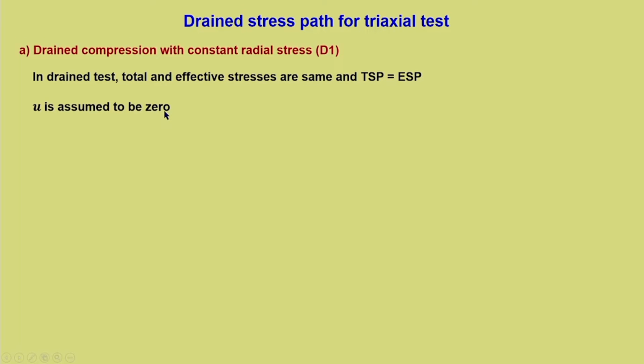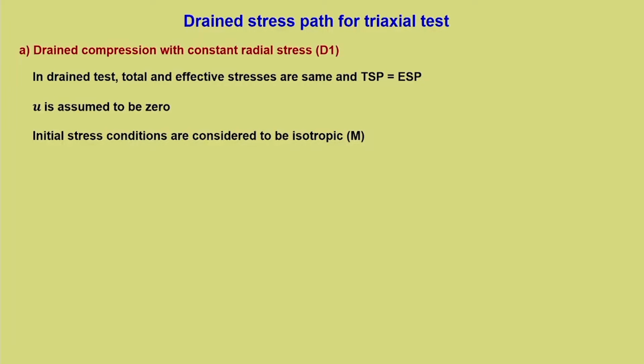Now, there can be a possibility of initial pore water pressure within the sample because of back pressure. Even if it is there, it acts like a static pore water pressure as we have seen in the previous lectures. Then the total stress path and effective stress path will not be the same, and this we will be discussing towards the last part of today's lecture. Initial stress conditions are considered to be isotropic. That is the starting point, which is designated as M. So, we keep everything the same as simple triaxial testing conditions.